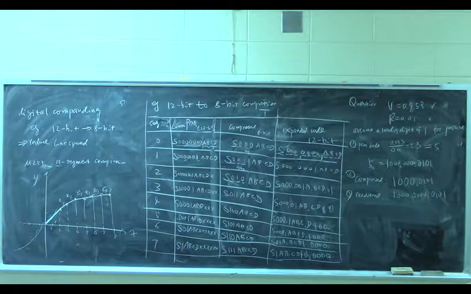What is the decimal integer? 95. Good. Then what is the PCM code?